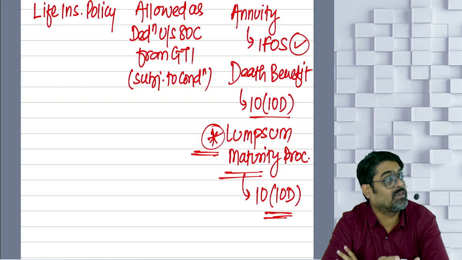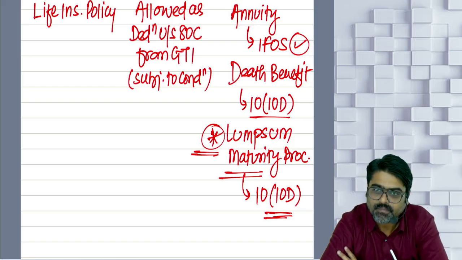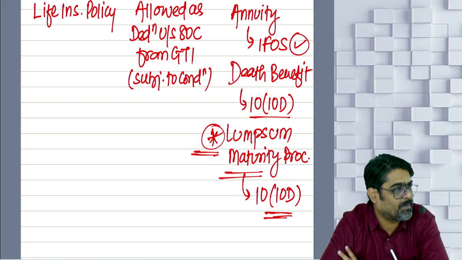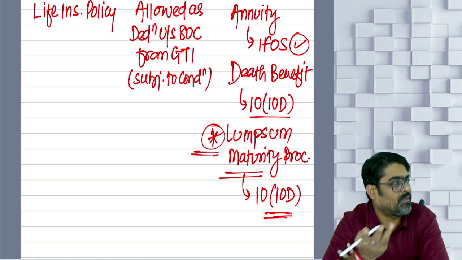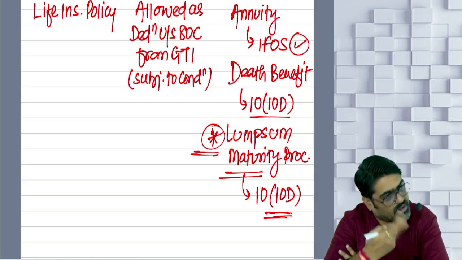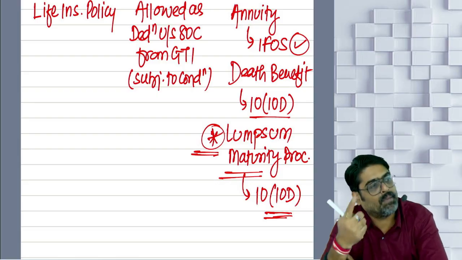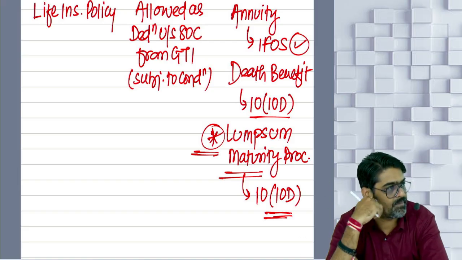But now this policy is a life insurance policy, but it is an endowment policy. Now in endowment policies, what happened? That if within 10 years or 15 years, whatever is the tenure of your policy, within that term of the policy, if you die, your family members, your nominees will definitely get the death benefit. That is fully exempt.